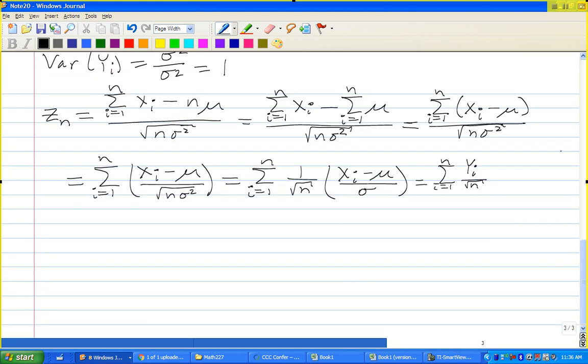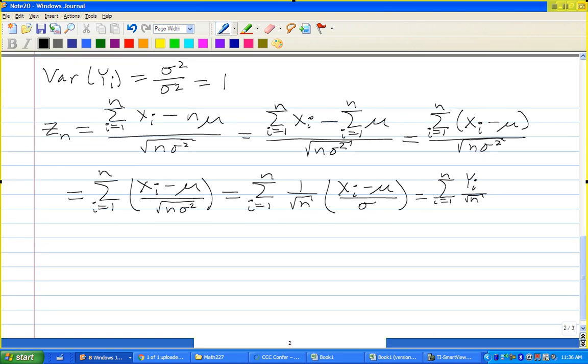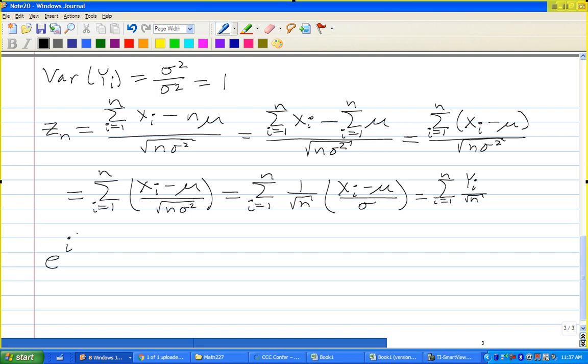So this is equal to, if I look at e to the i t Zn, this is the same as e to the i t, the sum, let's call it k equaling 1 to n of yk over radical n.